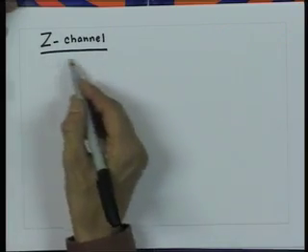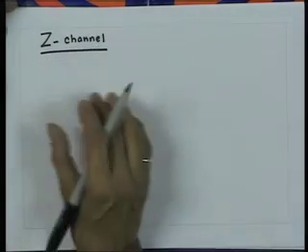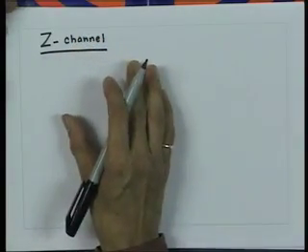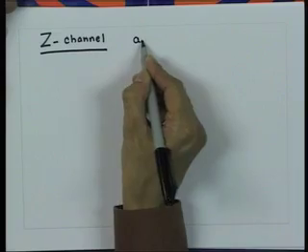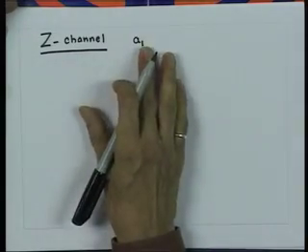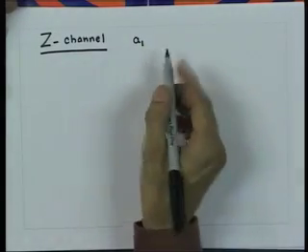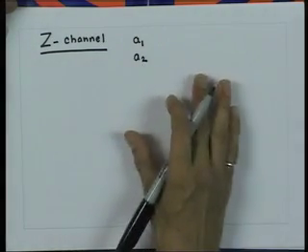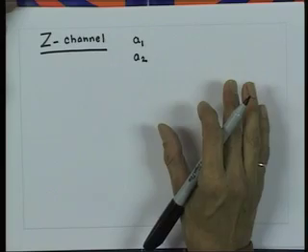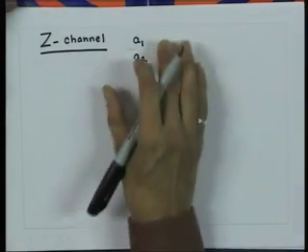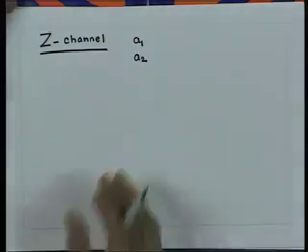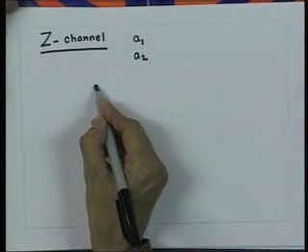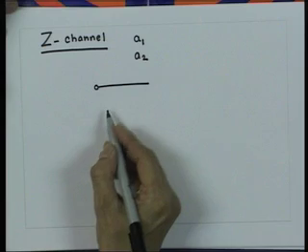For this model of a binary channel, it is assumed that exactly one of the two input symbols, say A1, is transmitted without errors, while the other symbol, say A2, may be incorrectly received with a probability P. So, the channel model for such a channel is depicted in the figure as shown here.